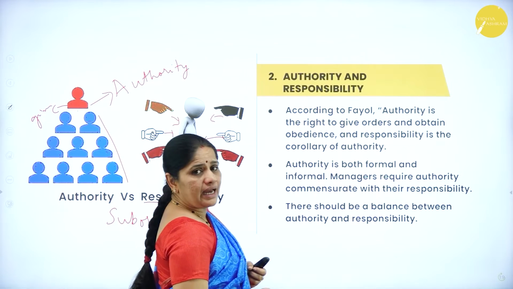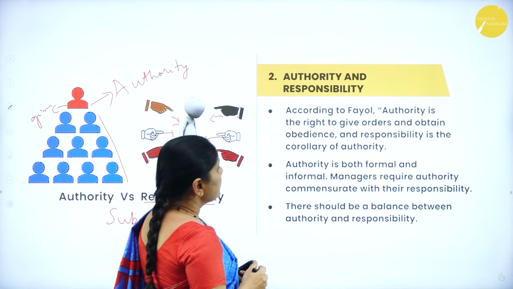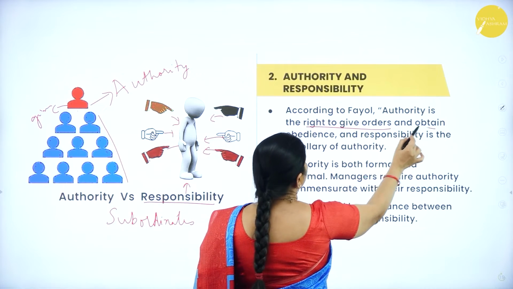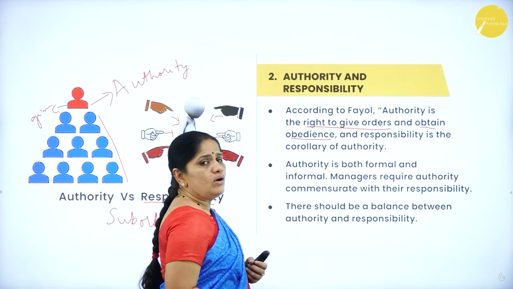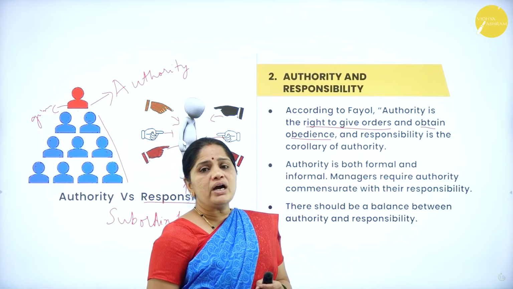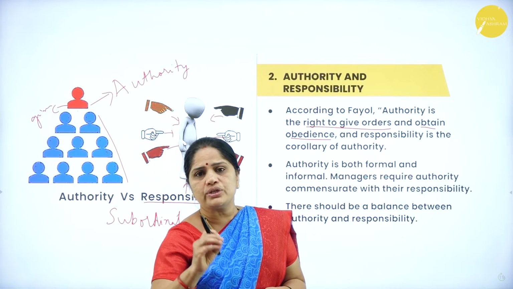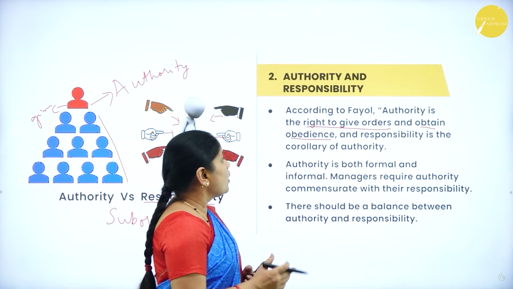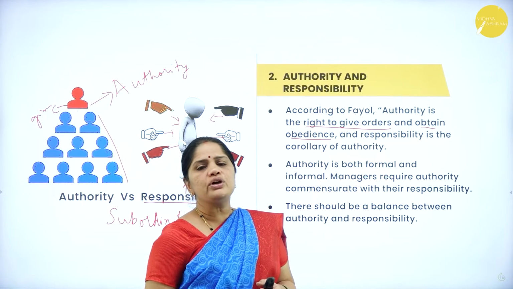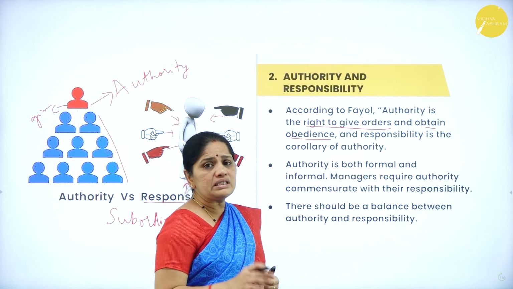So authority and responsibility. According to Fayol, authority is the right to give orders and obtain obedience. Now what do you mean by authority? Authority is nothing but giving orders and instructions to your subordinates, and obtaining obedience. So once he gives the orders, it is the duty of the subordinates to follow the orders.